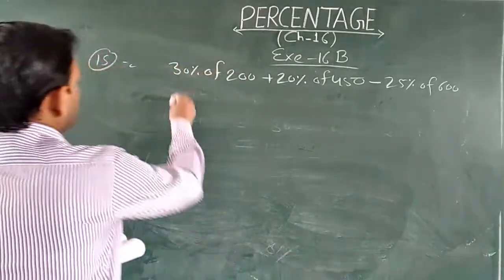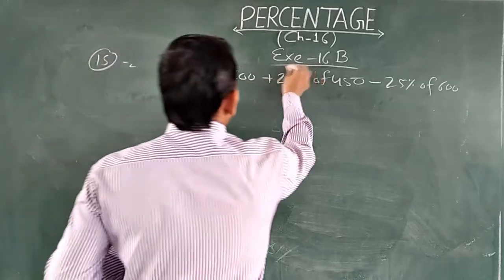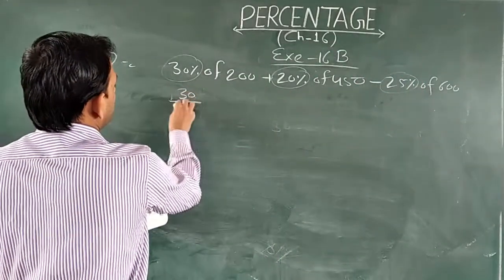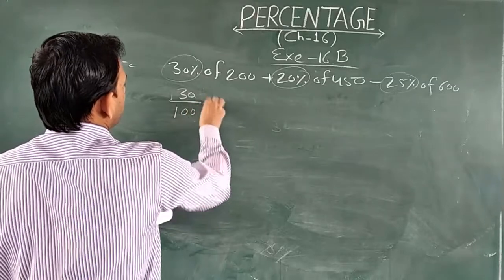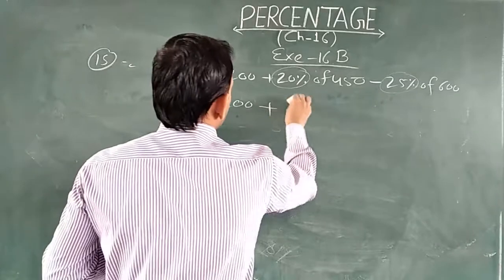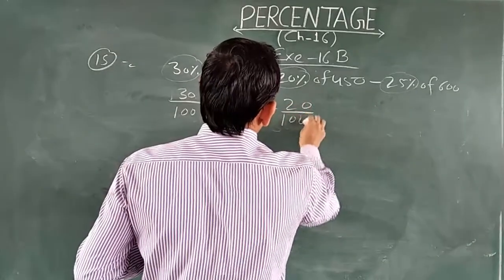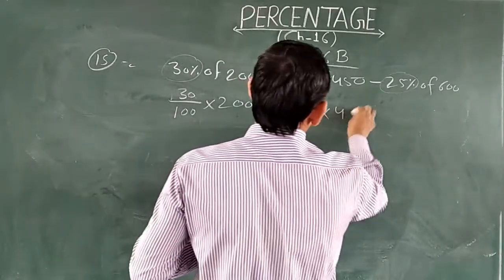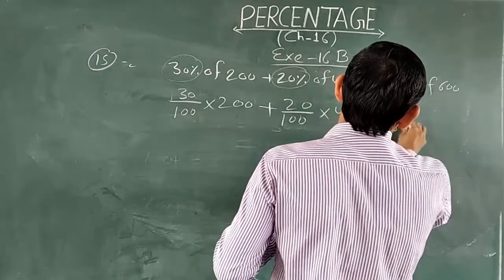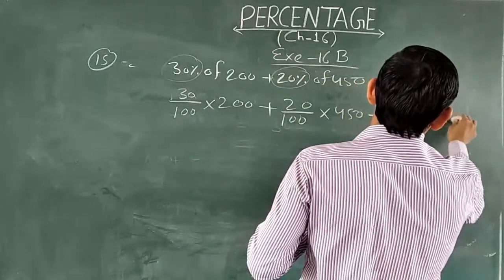Now we have to solve. I told you how we can write the percentage. So we can write 30 upon 100 of means multiplication by 200 plus 20% can be written like this, of means multiplication 450 minus 25% can be written 25 upon 100 multiplied by 600.